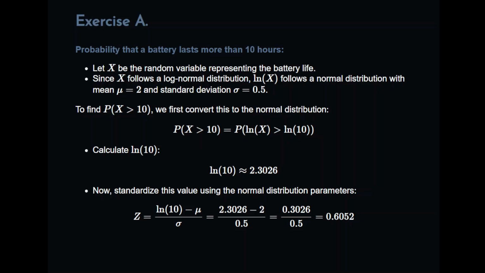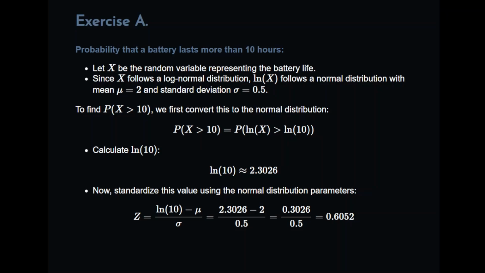Okay, so to find the probability of x greater than 10, what we must do is convert this to the normal distribution. The probability of x greater than 10 is equivalent to saying that we're interested in the probability of the log of x being greater than the log of 10. There's a direct logarithmic equivalence on both sides of that inequality.